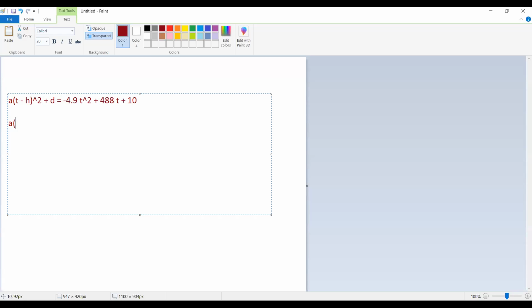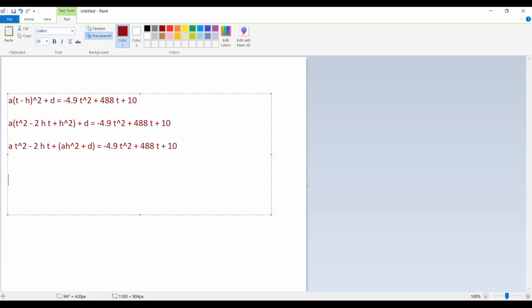When we expand over here, we have a(t squared minus 2ht plus h squared) plus d, and that still equals this. So when we expand, we have a t squared minus 2aht plus ah squared plus d. We put this in parentheses.